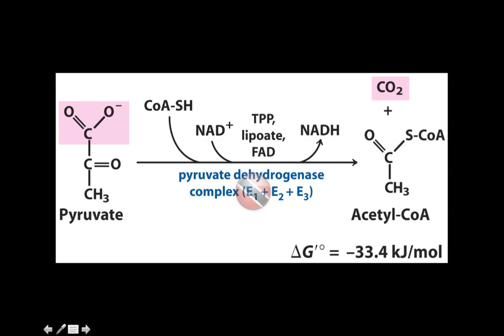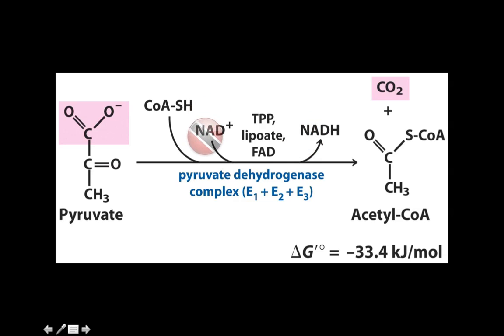Now, the oxidative part, well, you've got to bear with me. For oxidation, you're looking at it with respect to the substrate, which in this case is pyruvate. As you can see, one of the cofactors is NAD+, and NAD+ is going to NADH.